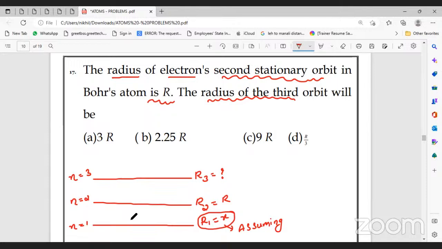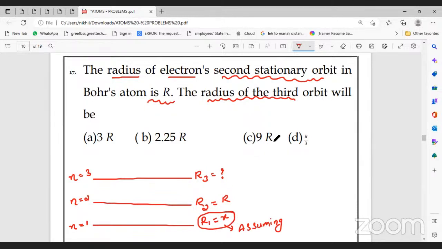But we can't write the radius of the third orbit in terms of R2 directly. Therefore, I am assuming the radius in the first orbit of the hydrogen atom is x.